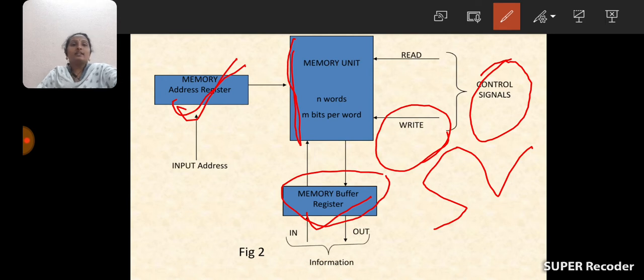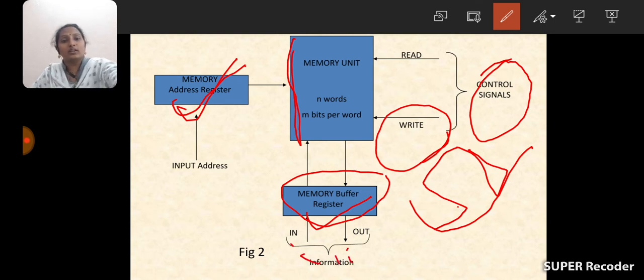If write is equal to 0, that means it is low, even though I try to enter into the input here, it is stored in the buffer but it is unable to enter into the memory. Is it clear? If the write signal is 0, even though the input is present at the buffer register, it is not entered into the memory units.